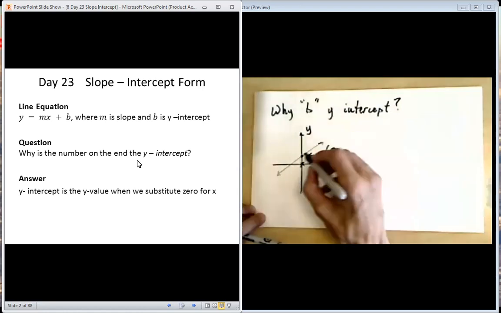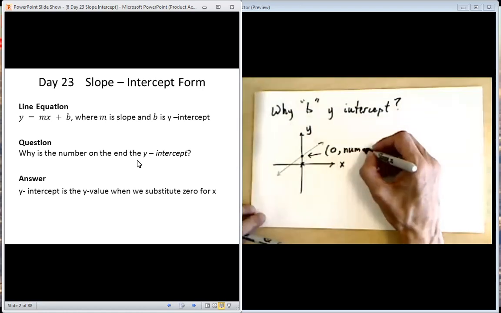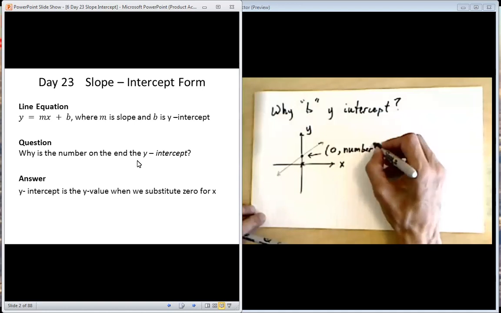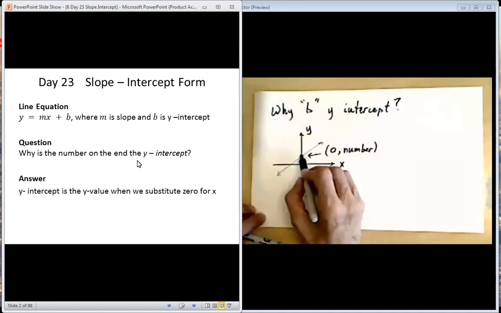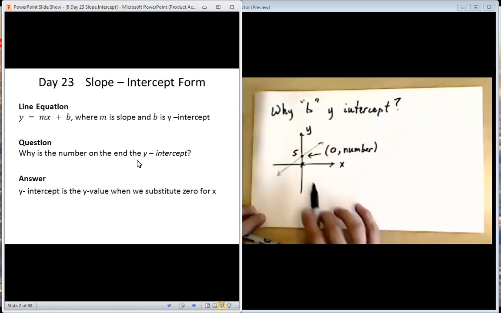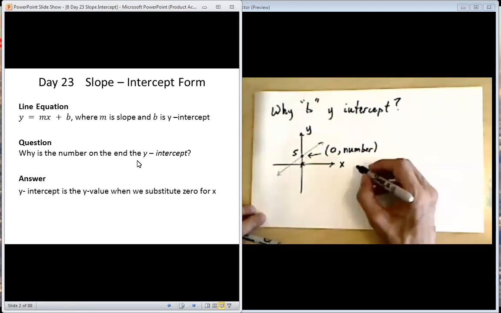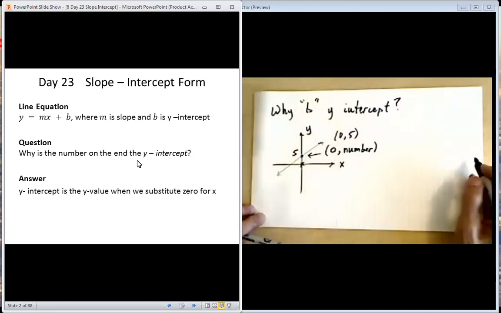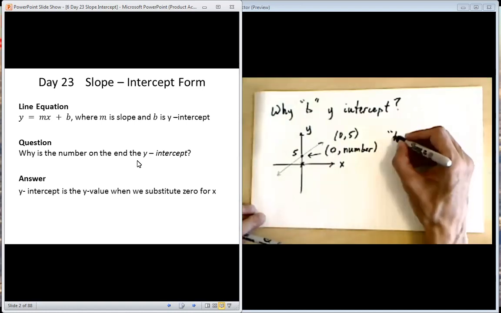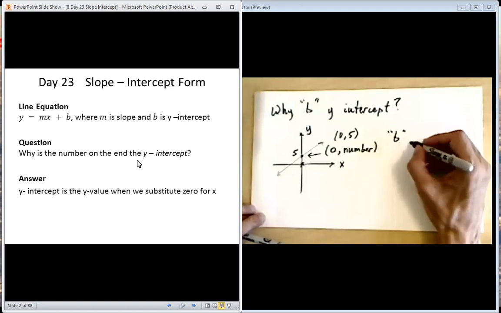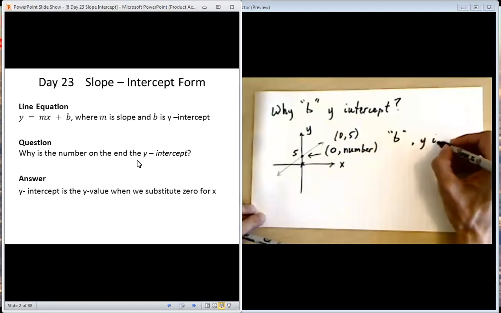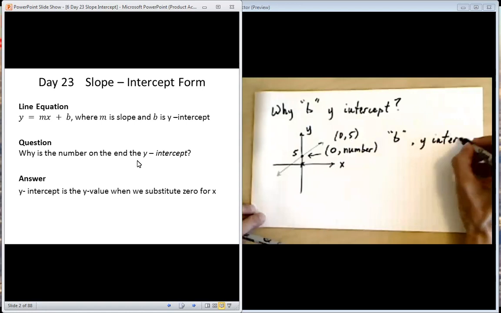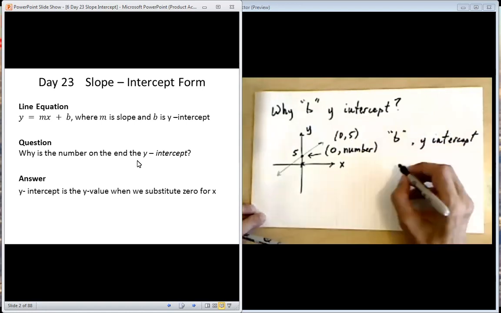Well, whatever that number is. If this, for example, was the number 5, then this point here would have the coordinates of 0, 5. And b, the y-intercept, b would equal 5.